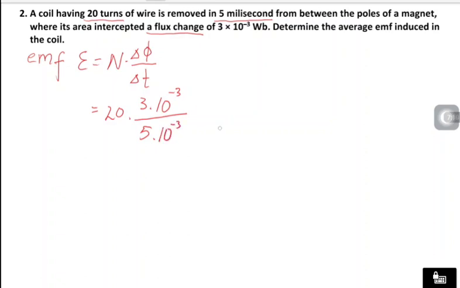So we get the result: 20 divided by 5, we get 4. Times 3, we get 12 volts. Okay, this is the explanation for finding the average electromotive force.